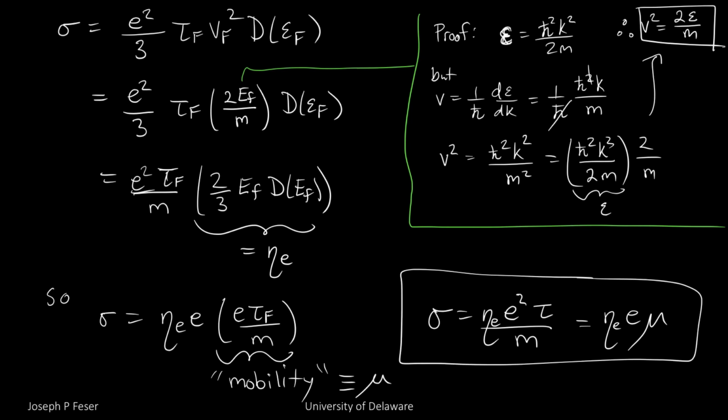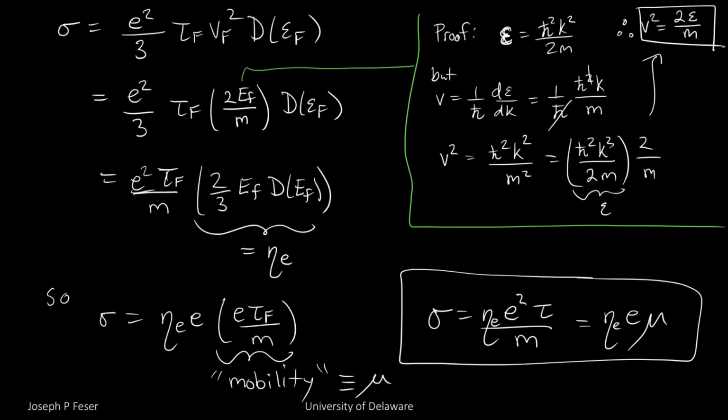In general, the electrical conductivity is thought of as a product of the number density of electrons times the fundamental charge times this thing called the mobility. Now, what we've done right here is derive that for a metal. I've used a couple of simplifications involving degeneracy of the metal and parabolic bands.